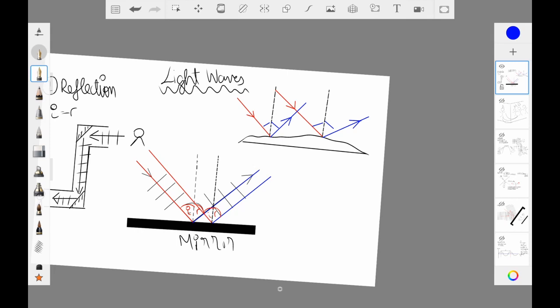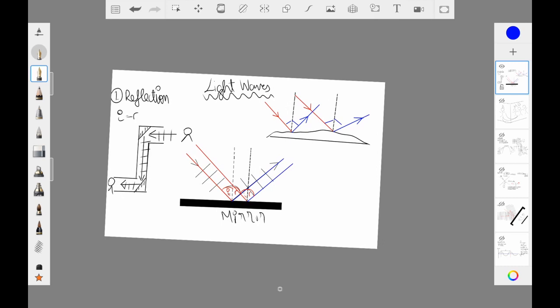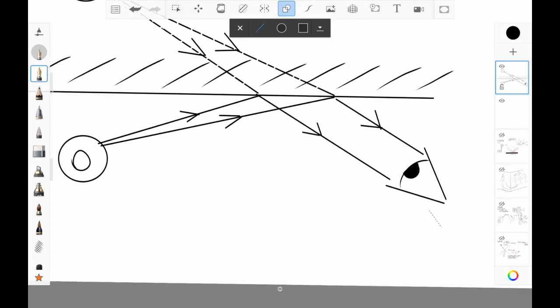And yeah, we are done with the actual concept of reflection, but now we need to look at a few more niche things that only apply to the reflection of light. Right, so this is the reflection on a plane mirror, and there's a lot to unpack in this diagram. So if I have, let's say this is your naked eye, right?